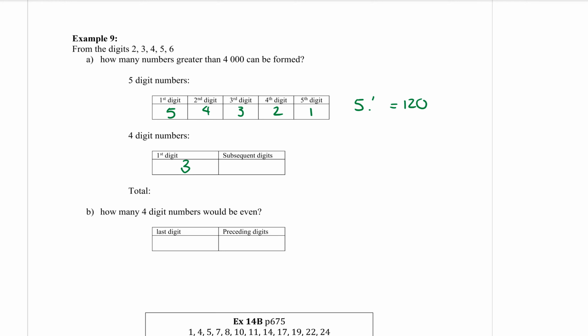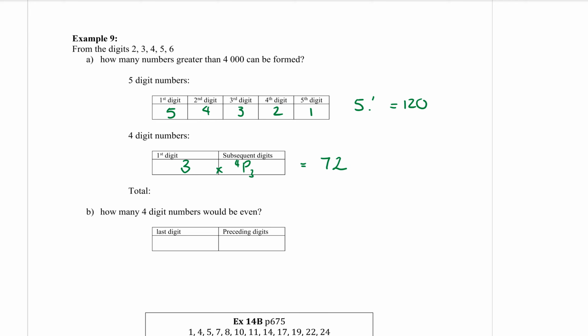And I need 3, so 4P3. Times those together. 3 times 4P3 is 72. Good.